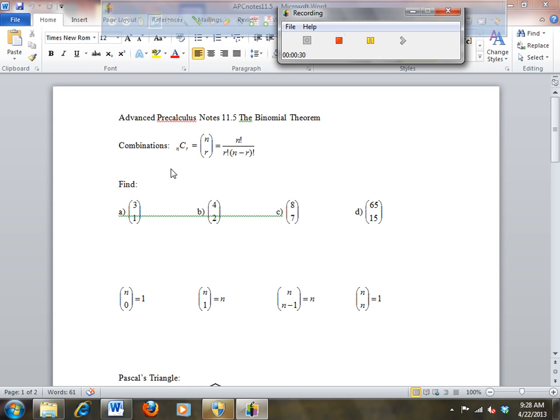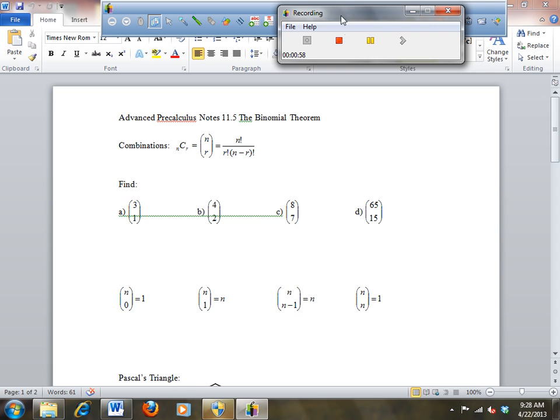For the binomial theorem, you have to know a little bit about combinations. This button is on your calculator, so you can conceivably do it with your calculator, and we are going to learn about this in the next chapter anyway. Sometimes it's written like this: 3 combination 1, 4 combination 2, 8 combination 7, 65 combination 15, and so on, and that comes up in the binomial theorem.